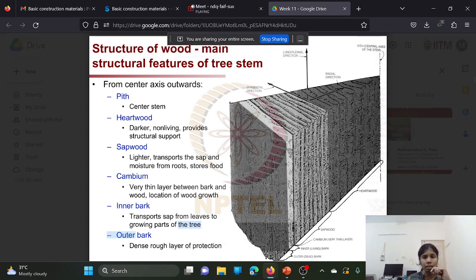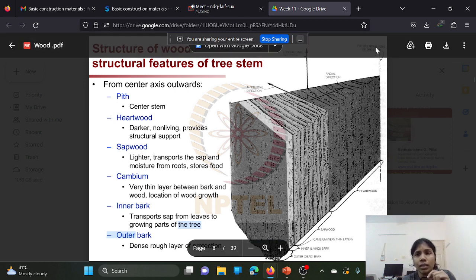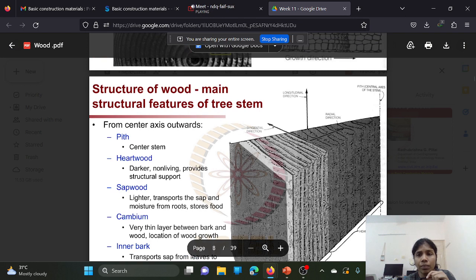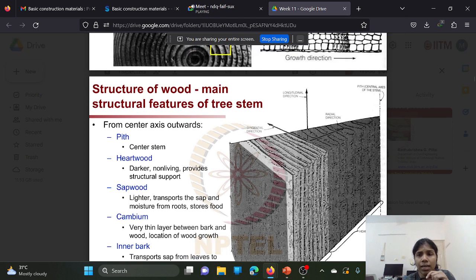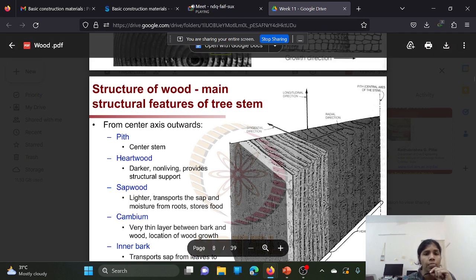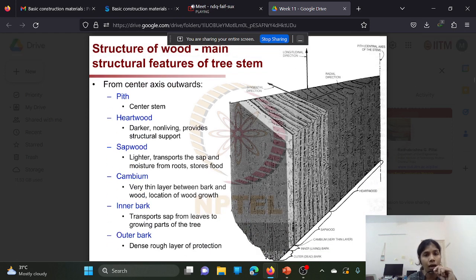You can see in this image, pith is the central axis of the stem, and heartwood is darker, non-living, and provides structural support. Sapwood is lighter and transports the sap and moisture from roots and stores food. This is the purpose of the sapwood.